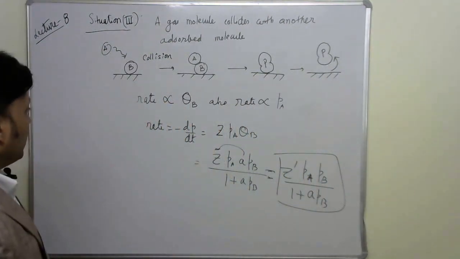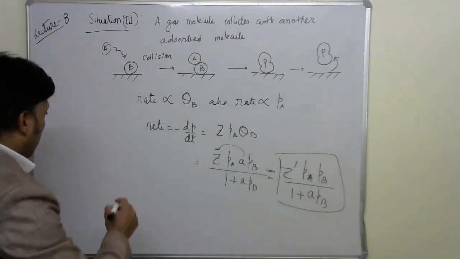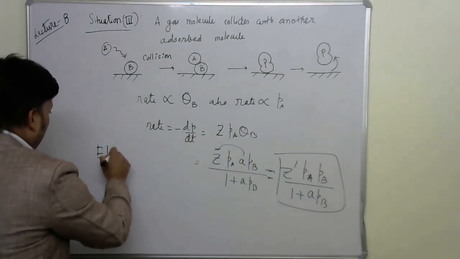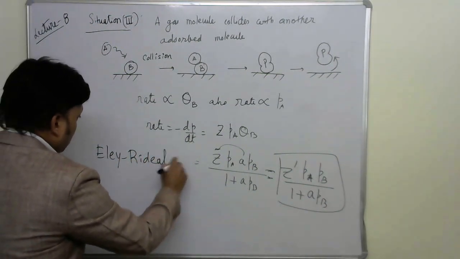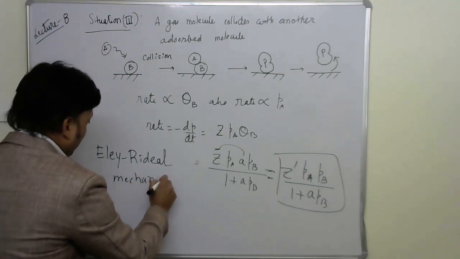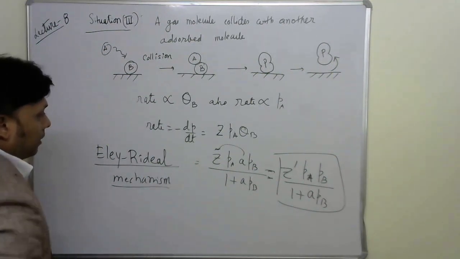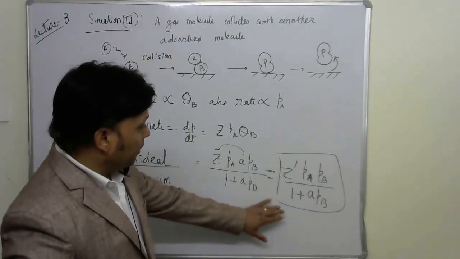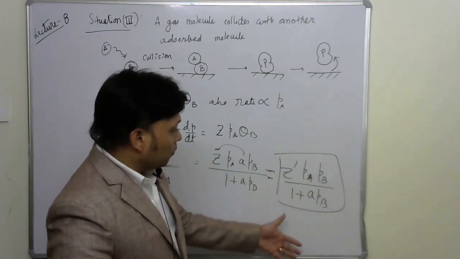This particular reaction mechanism, or rate law, is called the Eley-Rideal mechanism. The previous one was the Langmuir Hinshelwood mechanism, and this one is the Eley-Rideal mechanism. In this Eley-Rideal mechanism, a different situation would appear.